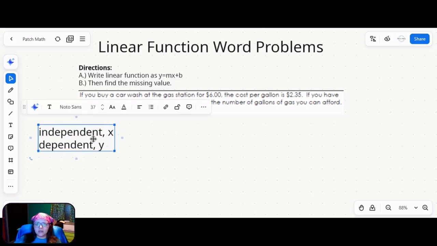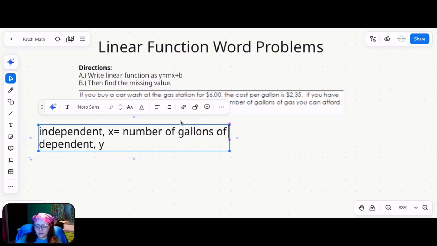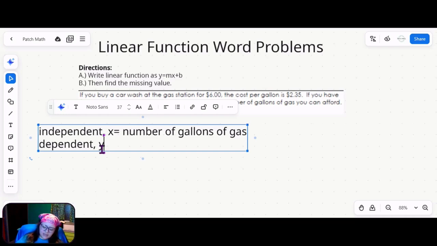In this case, our x stands for the number of gallons of gas. And if we input the number of gallons of gas and multiply it by the cost per gallon and then add that car wash in there, that is going to give us the total cost.